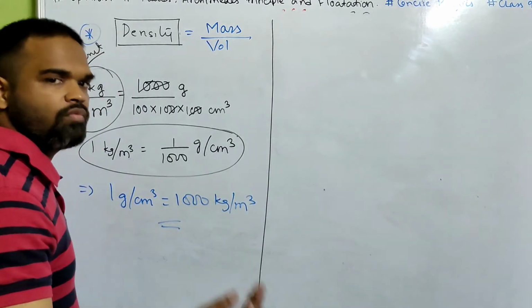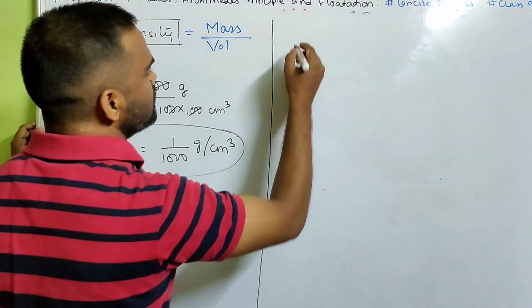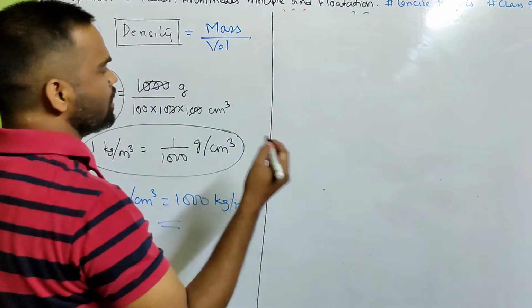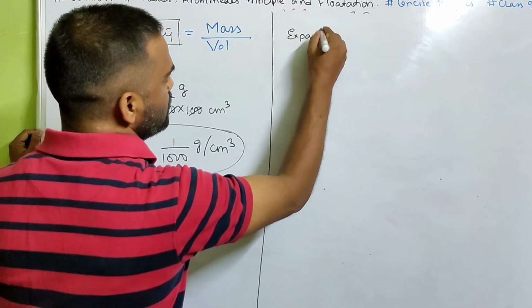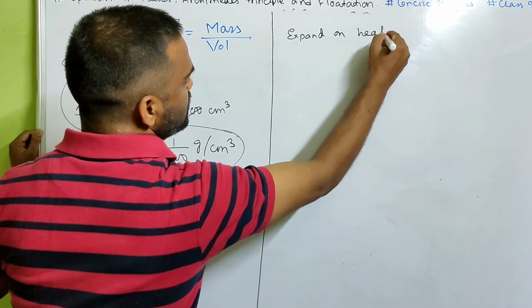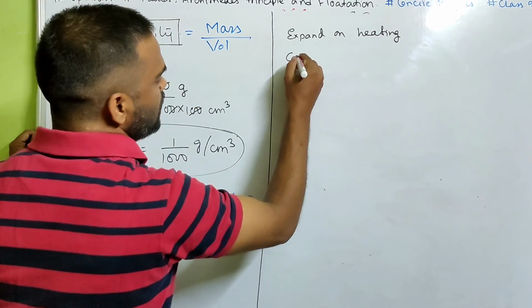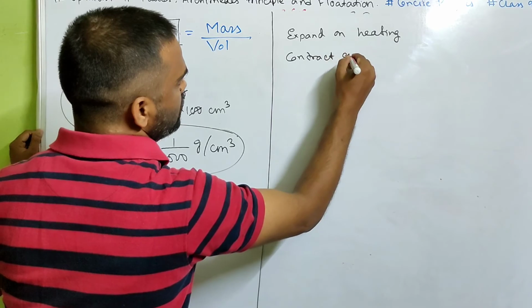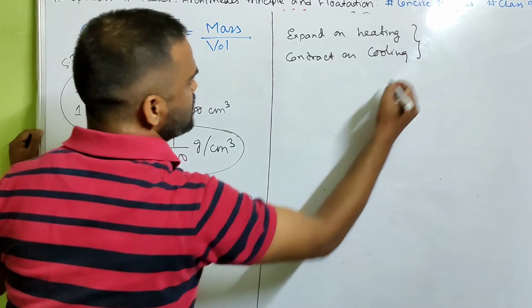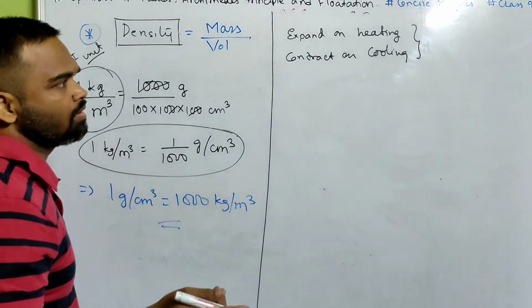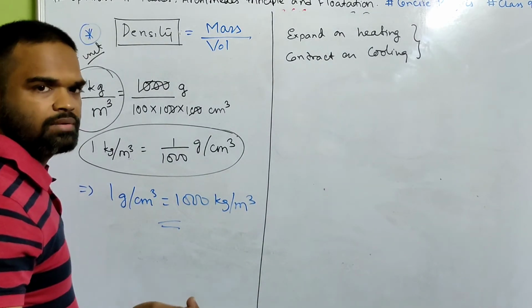Now most of the substance, most of the solid, most of the body expand on heating, isn't it? And contracts on cooling. We know this. Most of the substance expand on heating and contract on cooling.